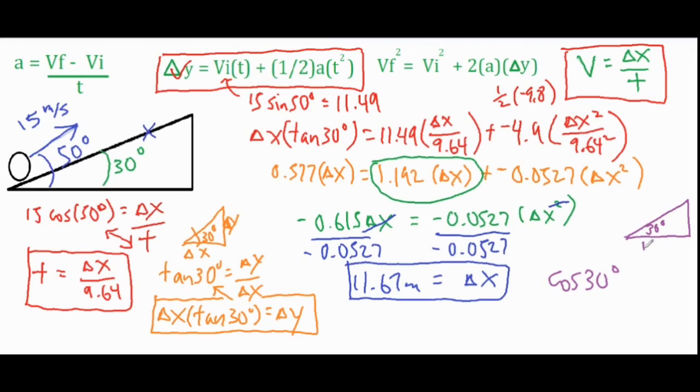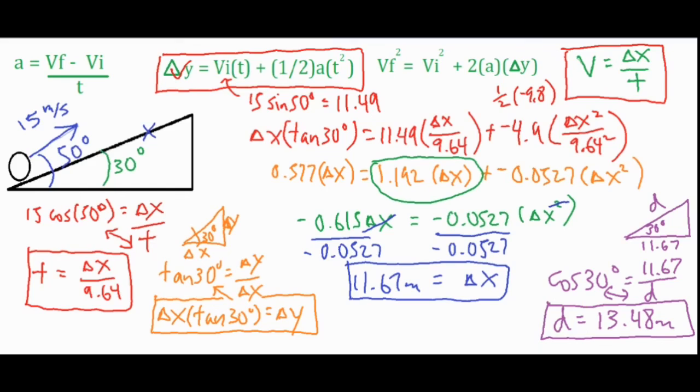We know that the horizontal component is 11.67, and we want to know what the distance is up this incline over here. So that's the adjacent and hypotenuse side. So adjacent over the hypotenuse, and then you can cross multiply those two, and you can find your distance that it lands on the slope, which comes out to about 13.48 meters.